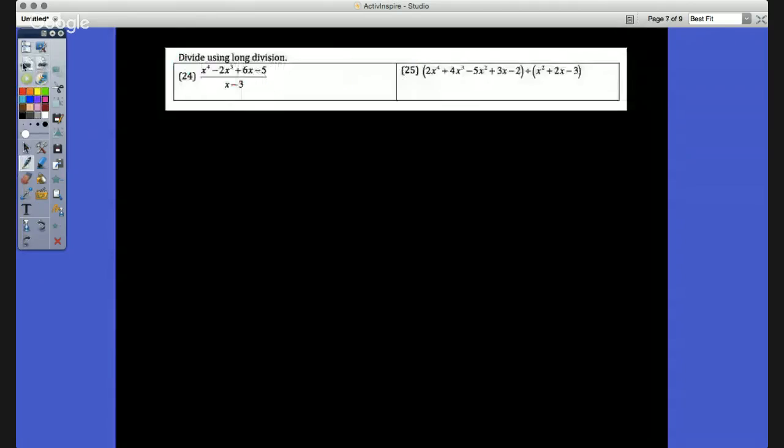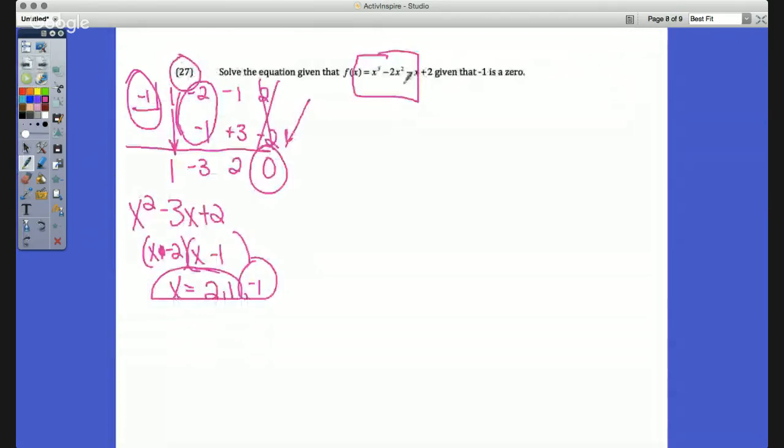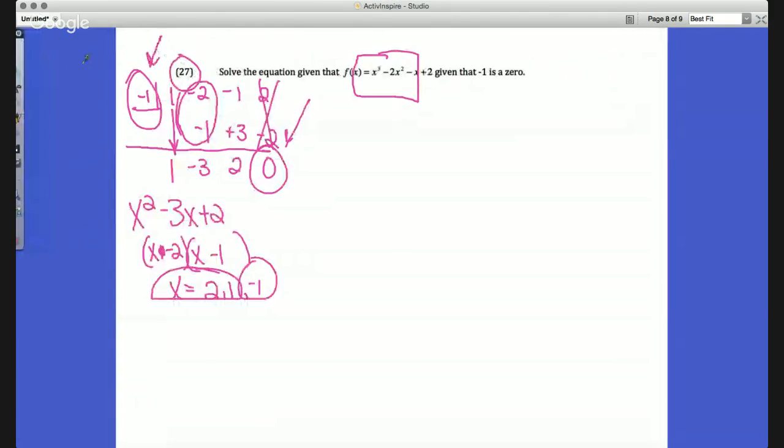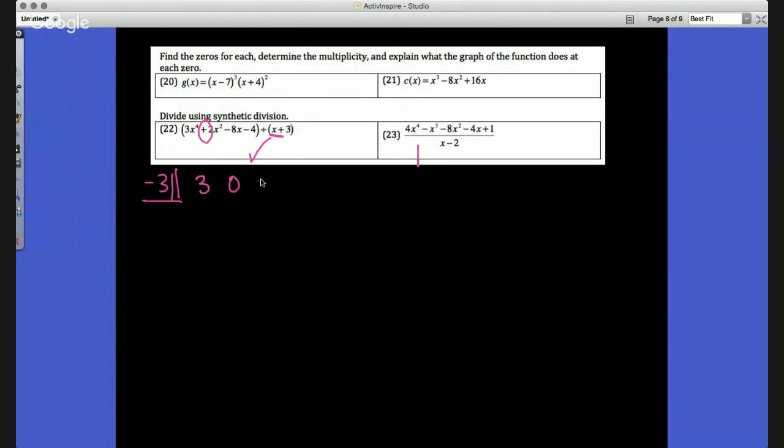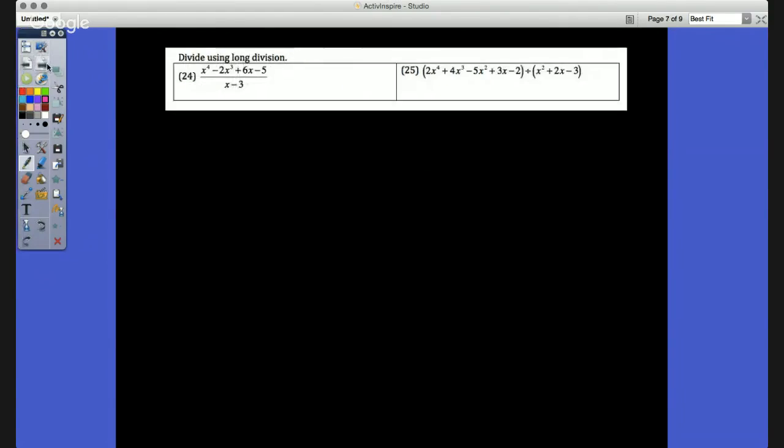Whereas in this last one, we were given that -1 was a 0, so we do not change the sign there. It's very important. So the coefficients that go in front would be 3, 0, 2, -8, and -4, okay? And we would do the same thing with synthetic as we did in the previous one. I just wanted to make sure we hit on both 22 and 23, okay?